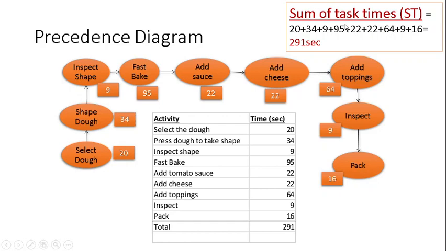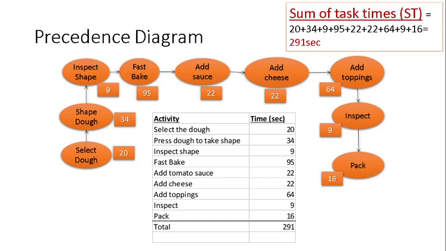Again, as we can see on the top right hand, the sum of the task times is 291 seconds. From this precedence diagram, we can visualize this table and make the whole line more intuitive.